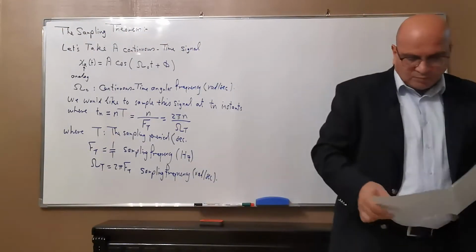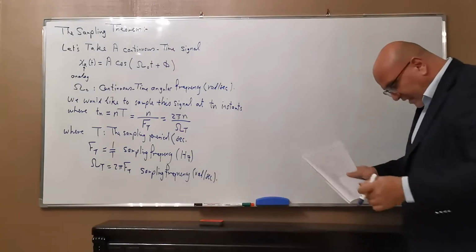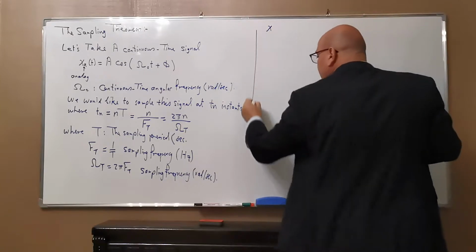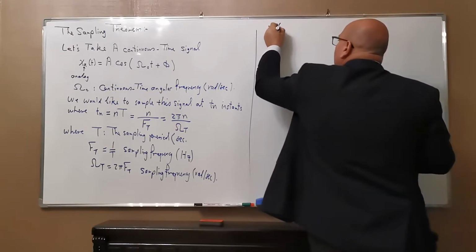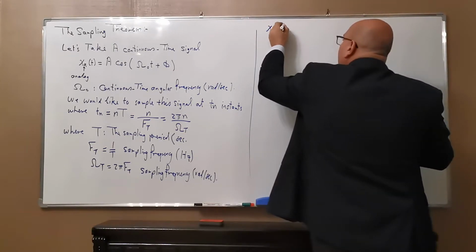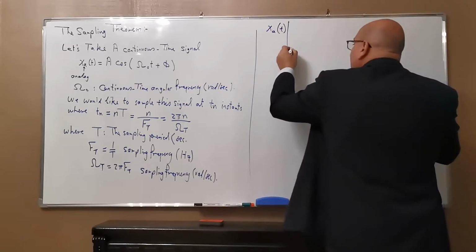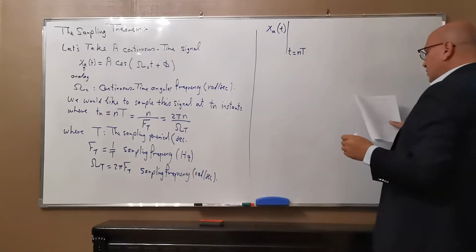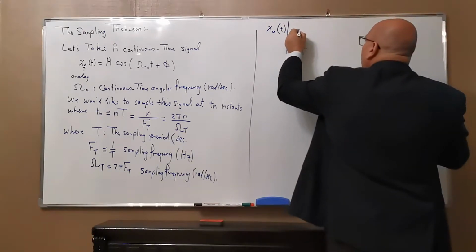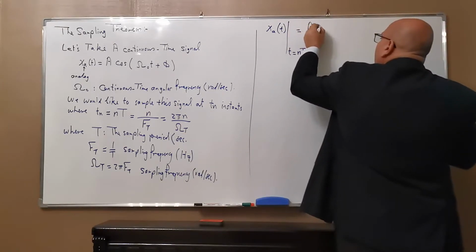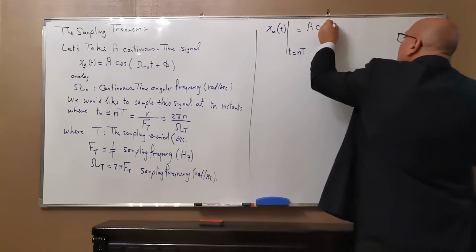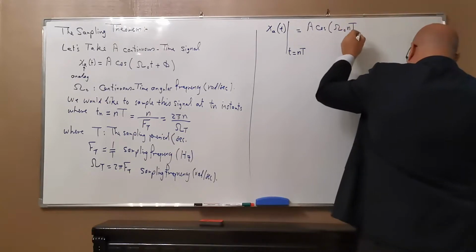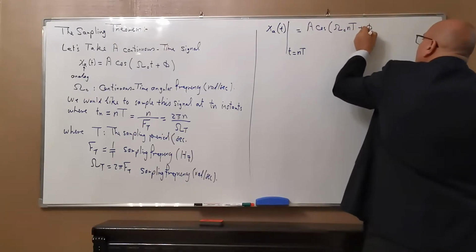Okay. Now, to do the sampling, we will go to the time domain signal and apply it at those discrete instances, t equals nT. So we will have a cosine omega 0 T plus phi.